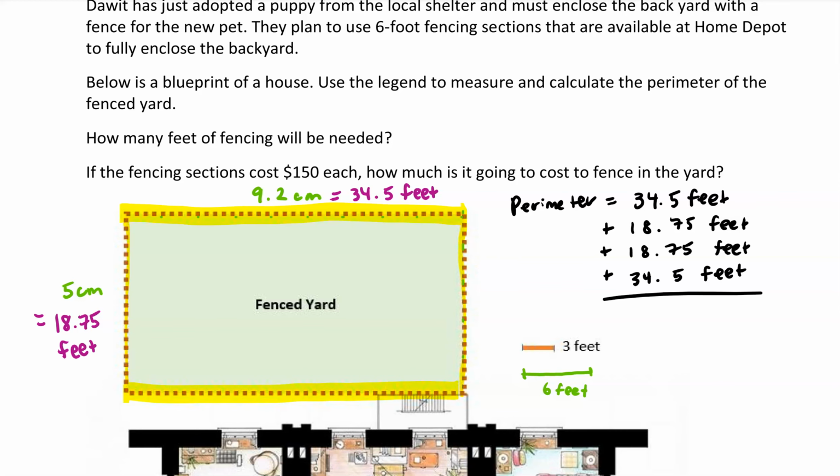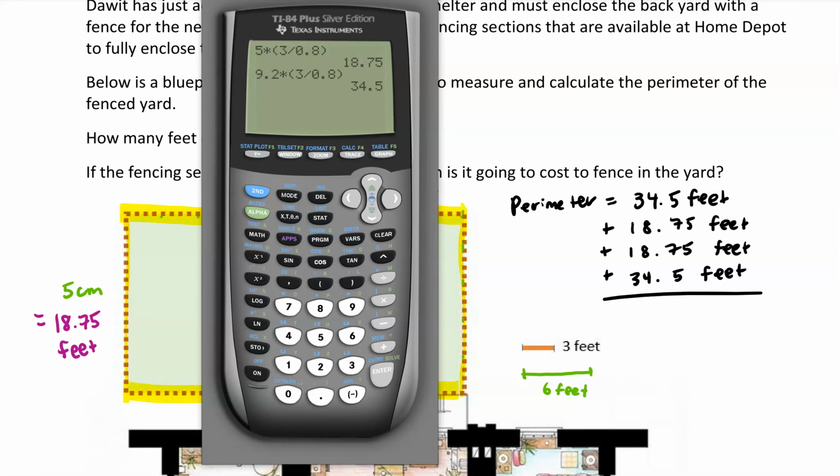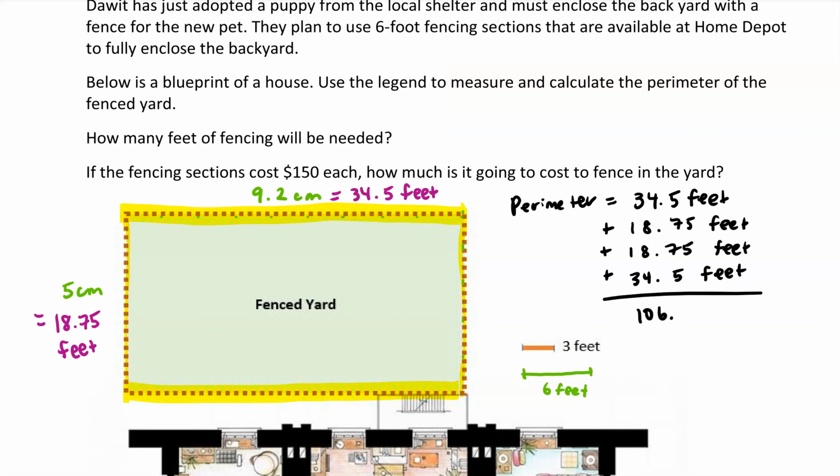If we add all of those up, 34.5 plus 18.75 plus 18.75 plus 34.5, that is 106.5 feet.